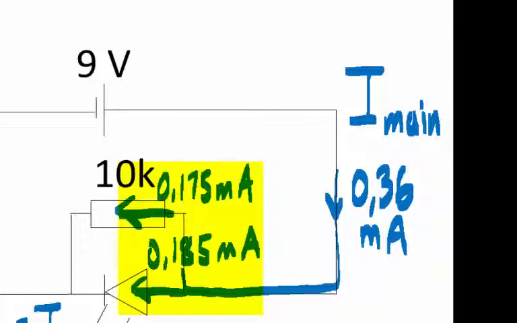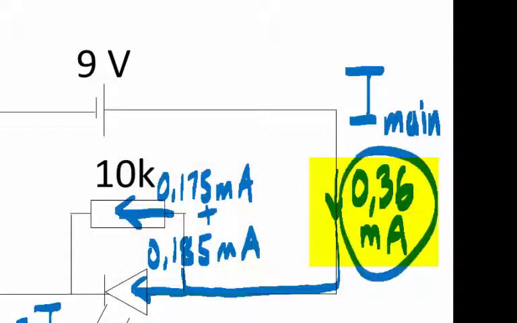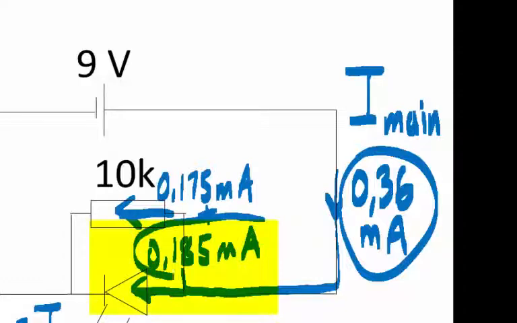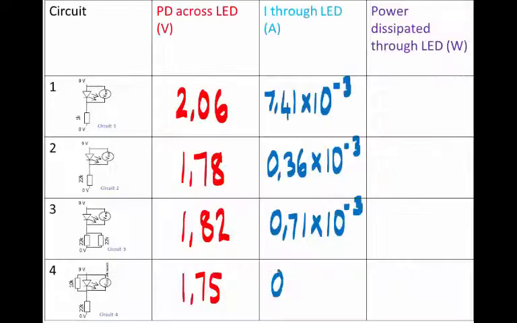But when you add these two up, you will get this value because that value has just split up into the two branches. So we found what we needed to find, the current strength through the LED, 0,185 milliamperes. 0,185 milliamperes is 0,185 times 10 to the power minus 3 amperes. So this is the current strength through the LED, not through the main part of the circuit, through the LED.